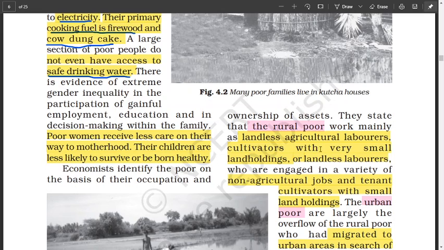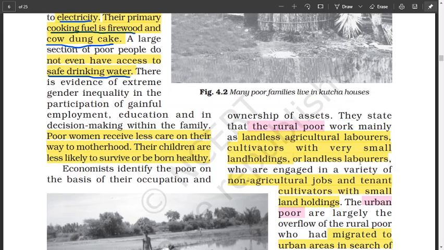And cultivators, if they cultivate with very small land holdings, those who are fortunate enough to own land, they cultivate their own, but it's not that productive, it's not that profitable because it's a small plot of land, and mostly they are agricultural laborers. They work with someone. They are landless laborers.